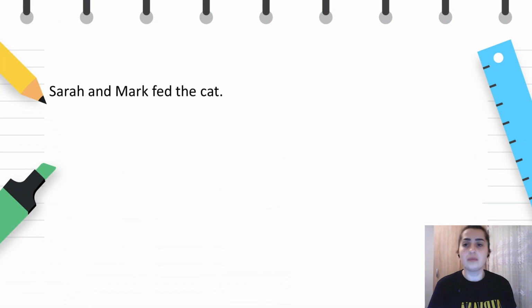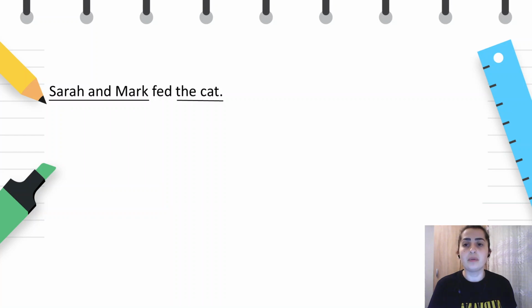Now we have one more example. Sarah and Mark fed the cat. Now as well find the nouns. The nouns will be Sarah and Mark and the cat.